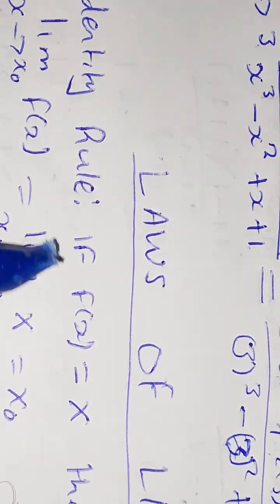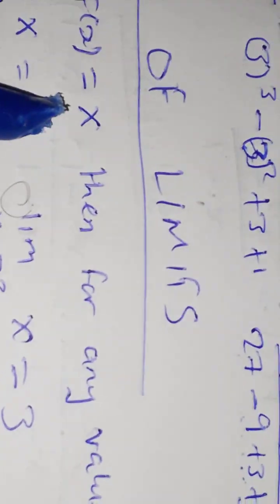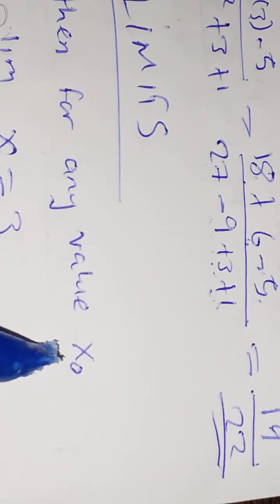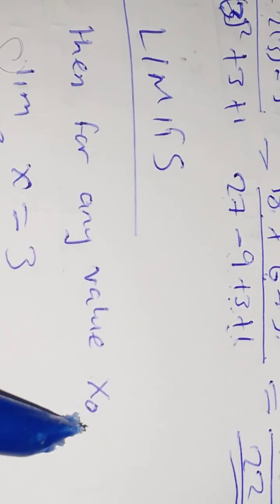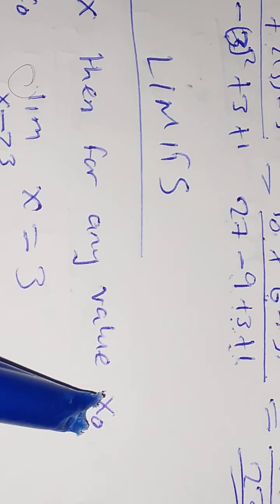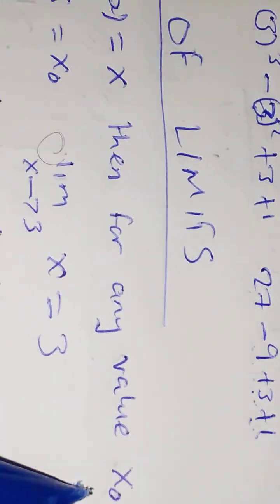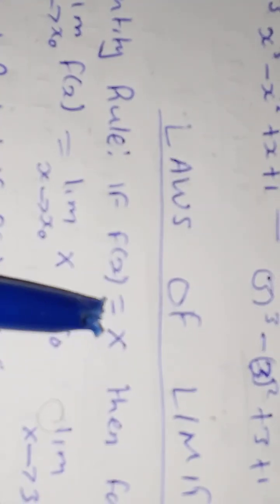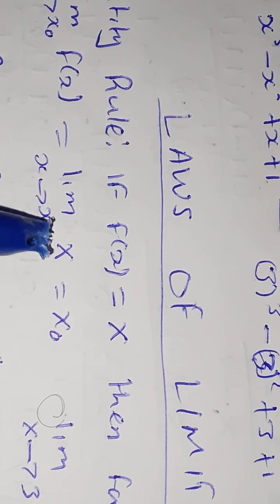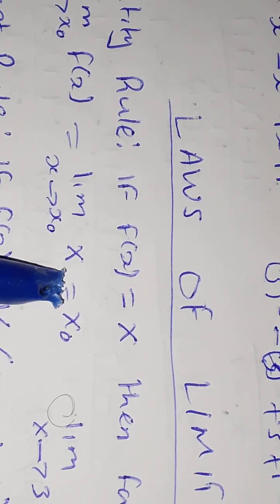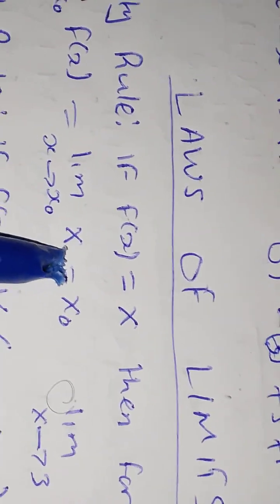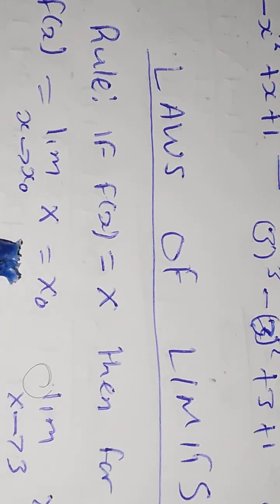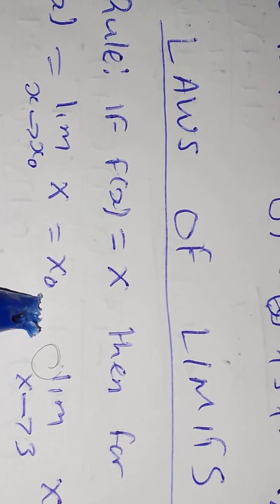If f of x is equal to x, then for any value x0, where x0 is any number, maybe 2, 3, 4, any number, the limit as x approaches x0 of f of x: since f of x is x, the limit of x as x approaches a certain number is equal to x0.